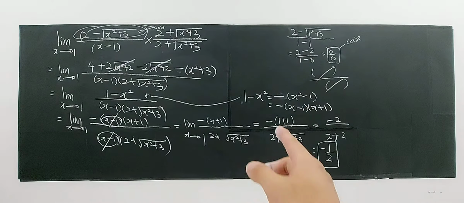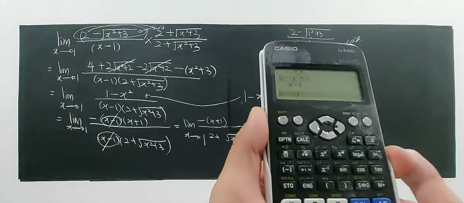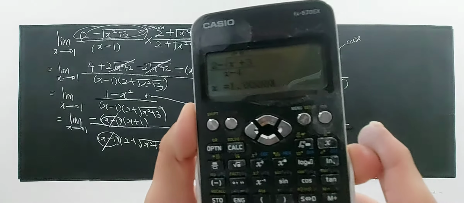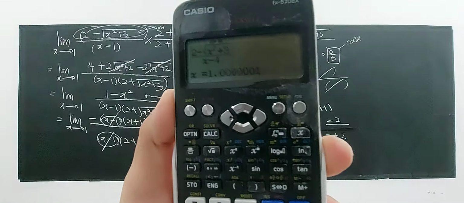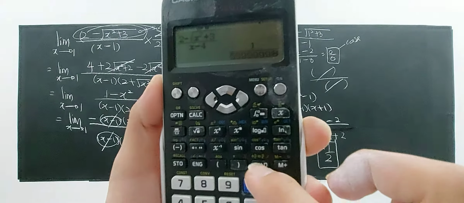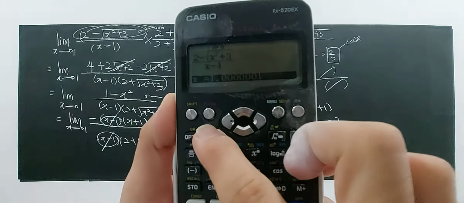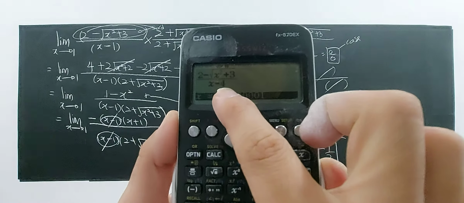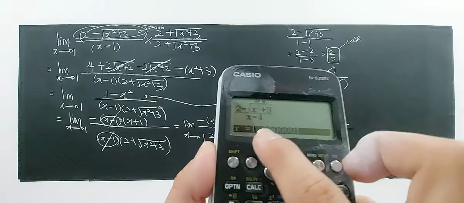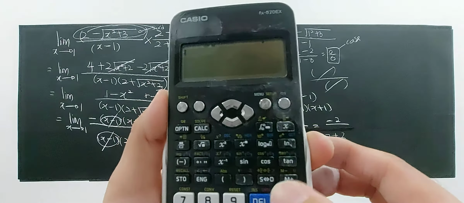Calculate the value that is near to 1. So you can calculate 1.001, which is considered very near to 1. Oh, I keyed in wrongly, so press the button AC.